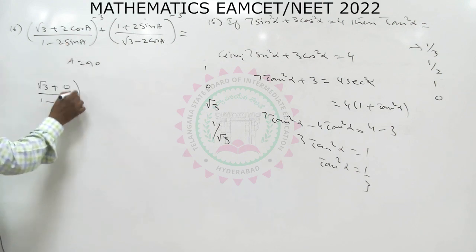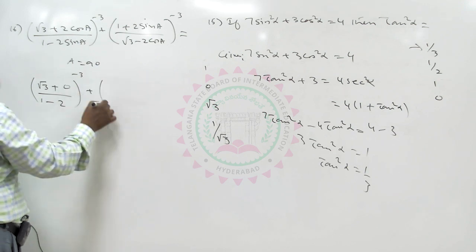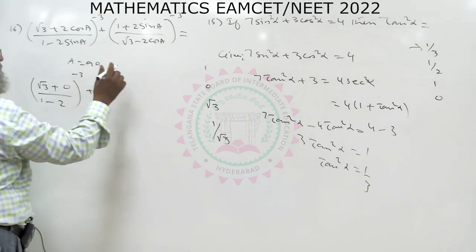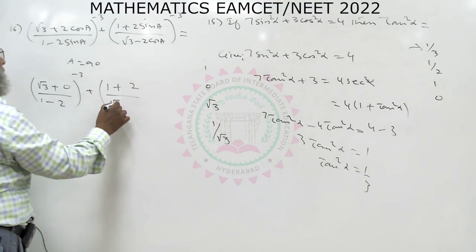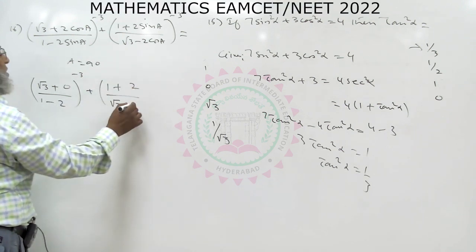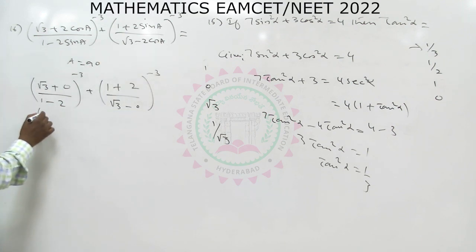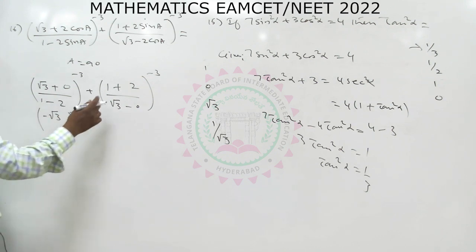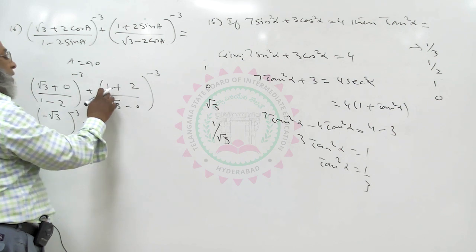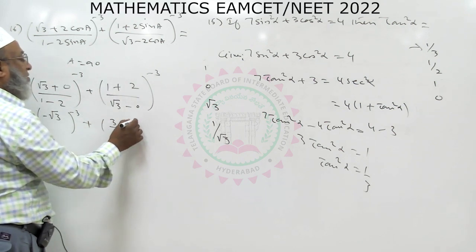So, this is nothing but root 3 by 1 minus 2, which is minus 2, whole power of minus 3, plus 1 plus 2 sin 90, that is 3, by root 3 minus 2 cos 90, which is 0, whole power of minus 3.